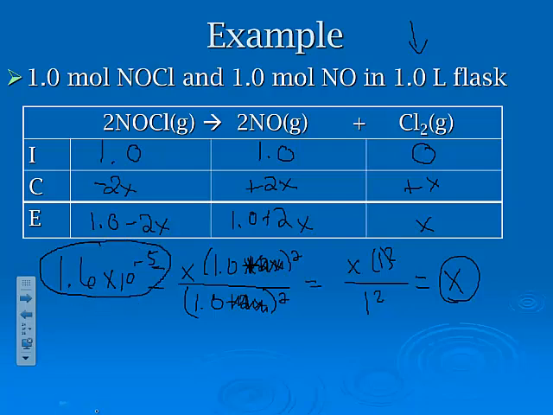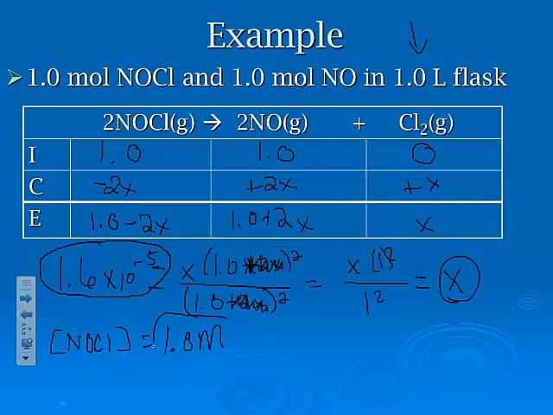Okay, so now what we end up doing is solving for the concentrations. When you take 1.0 and you subtract 1.6 times 10 to the negative fifth, even times 2, it doesn't really change it. So my concentration of NaOCl is still going to end up being 1.0 molar.